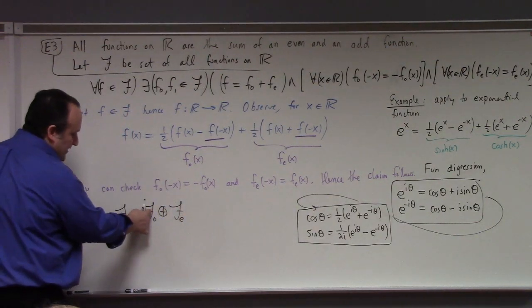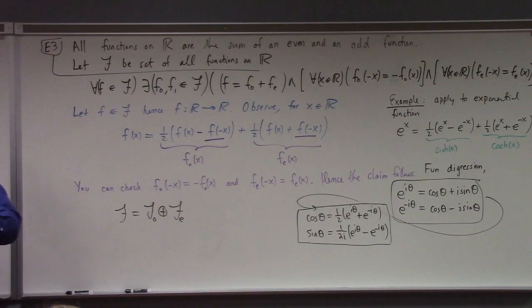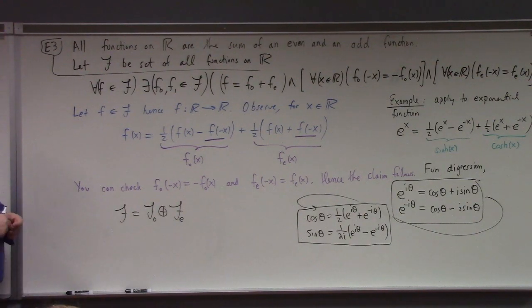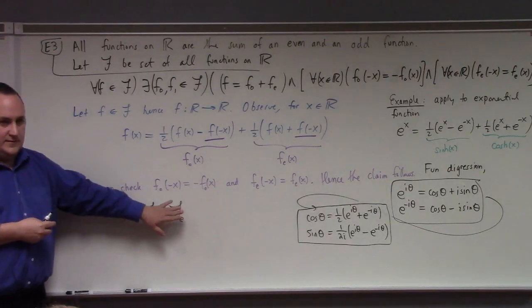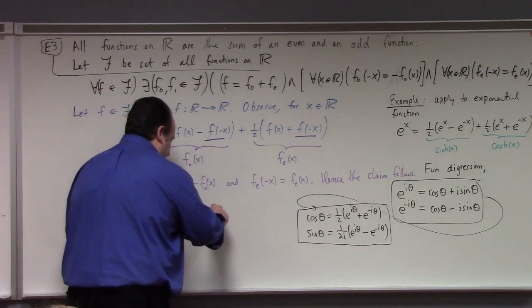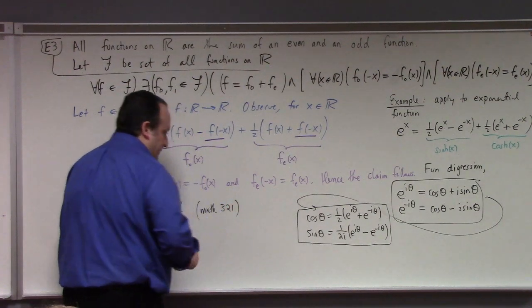Any function can be written uniquely as the sum of an even and an odd function, and the only function which is in both categories is the 0 function. That observation is critical to writing this, but this is not for this course. This is a Math 321 comment, so we'll leave it for there.